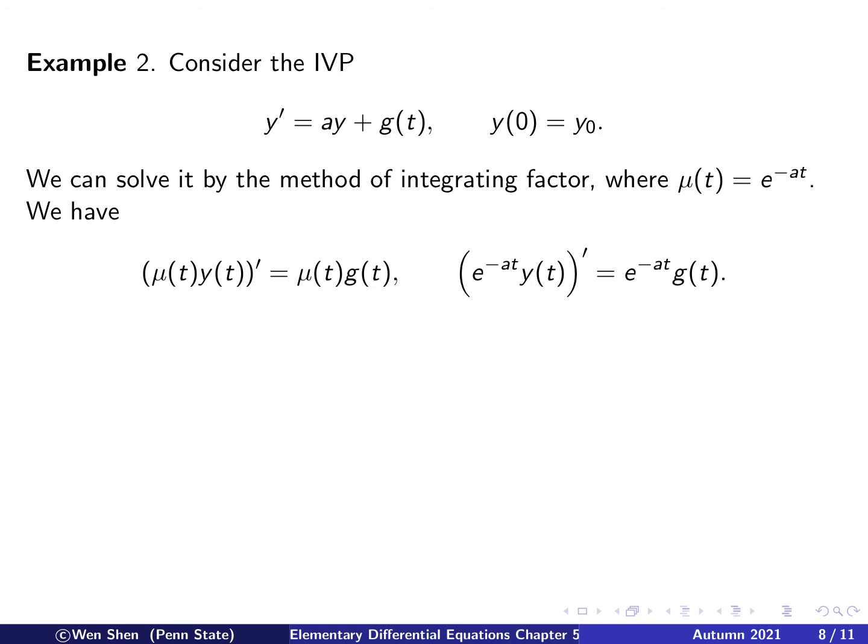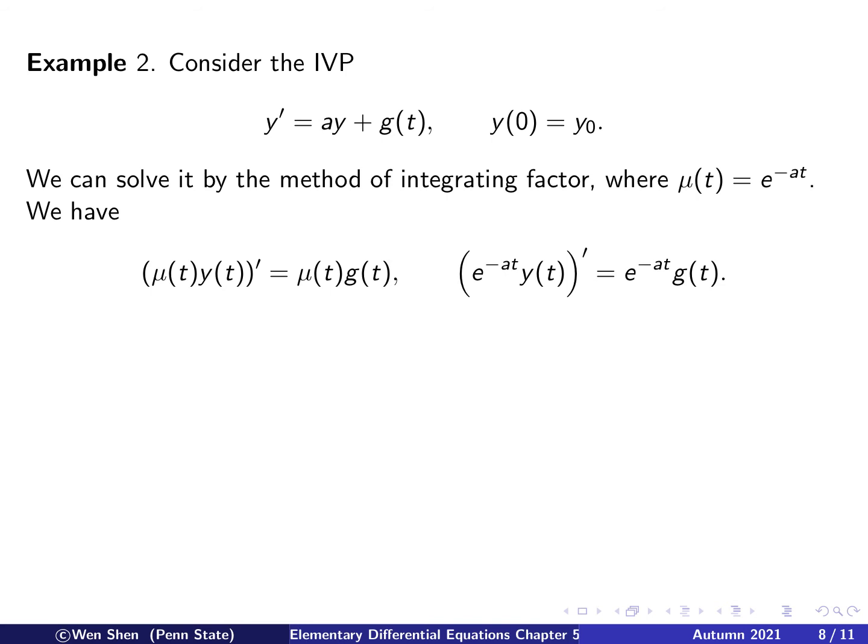We can solve it by the method of integrating factors, where the integrating factor, we call it mu, would be e to the negative at. If I multiply that on the equation, then the first two terms become a derivative, mu times y, and then I'll have mu of t times g of t.